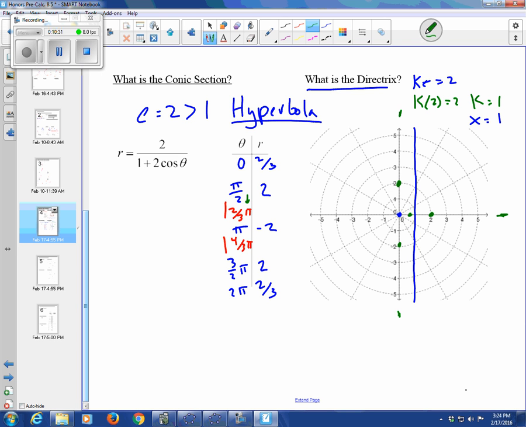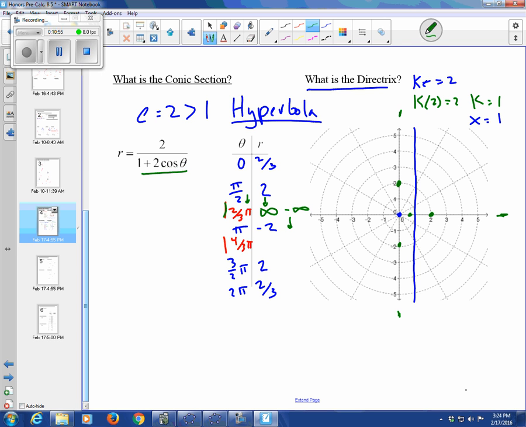We want to think about what's happening to the r values as we approach these rotations. As we approach the rotation of 2/3 pi, we're seeing this denominator get smaller and smaller, smaller and smaller positive numbers, so we're going to be approaching positive infinity with our r values. And as we go past 2/3 pi, we're getting really small negative values in the denominator, so we're coming from negative infinity.